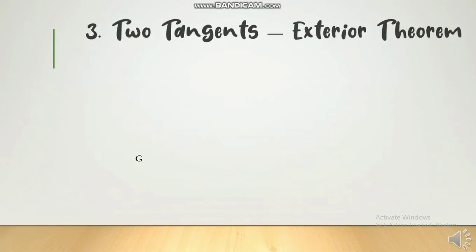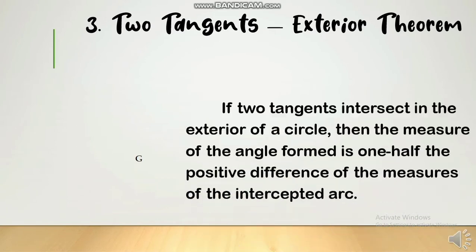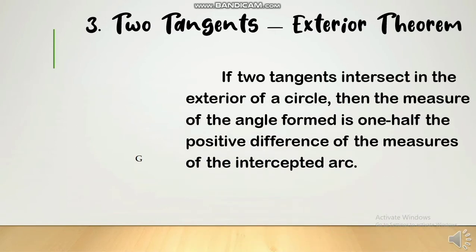Theorem number 3. Two tangents. If two tangents intersect in the exterior, then the measure of the angle formed is 1/2 the positive difference of the measures of the intercepted arcs.